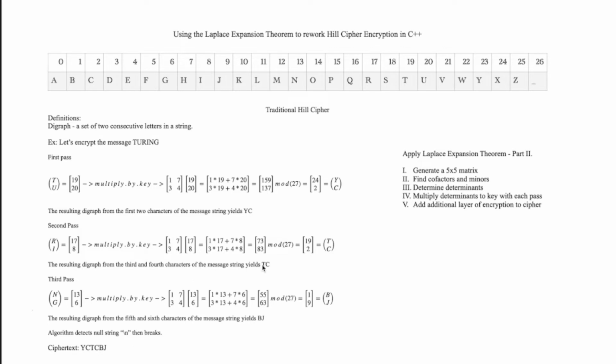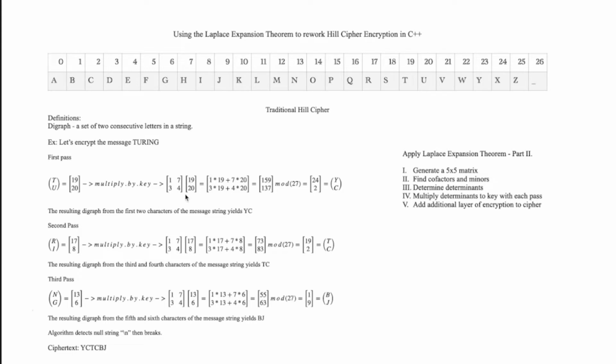Now, if I want to apply the Laplace expansion, and I'll save this for part 2 while I do this entirely in Python, I'll generate a 5 by 5 matrix. I know I can generate an n by n matrix, but for simplicity and just for demonstration purposes, I'll keep it to a 5 by 5. This matrix is then our key here.